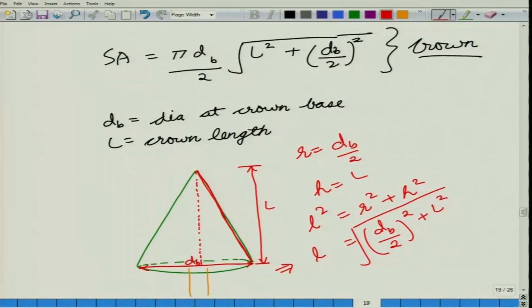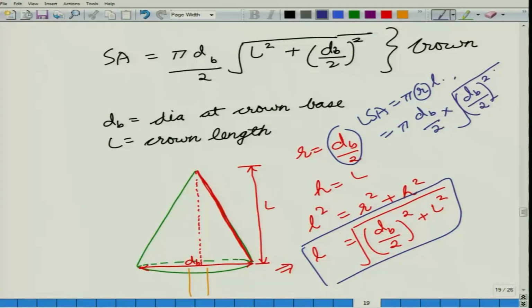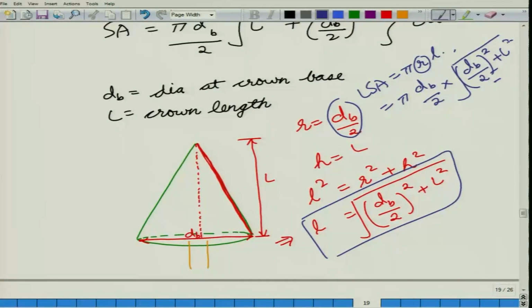Now the lateral surface area of a cone is given by pi r l. Putting these values, pi r is equal to dB by 2 times l, and this is the value of l, the square root of (dB by 2) squared plus L squared.